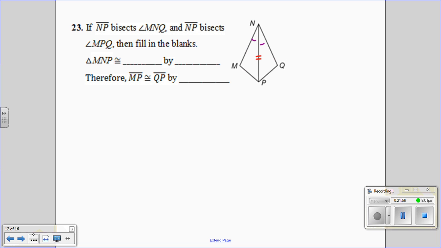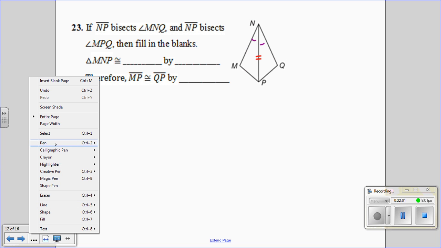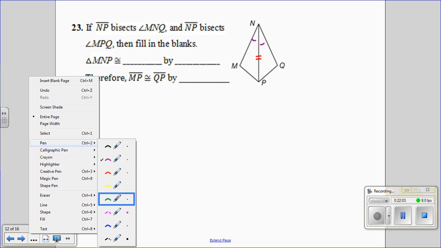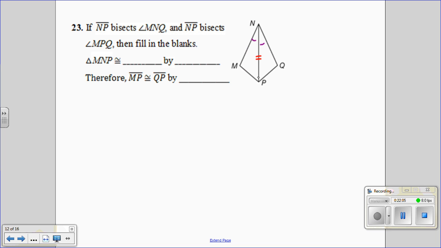It also bisects MPQ, the one at the bottom. So let's mark those as well. So this and this. All right. So now we can say, since we have two angles and an included side, it is by angle, side, angle. Sorry, with the delay, I have to read slowly.